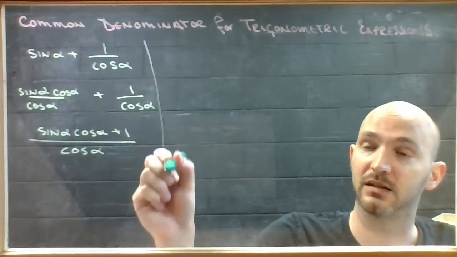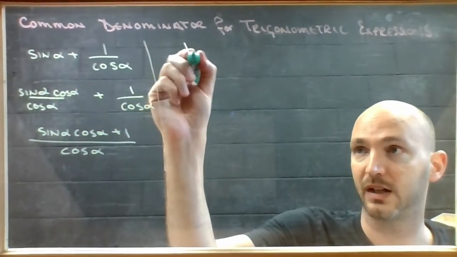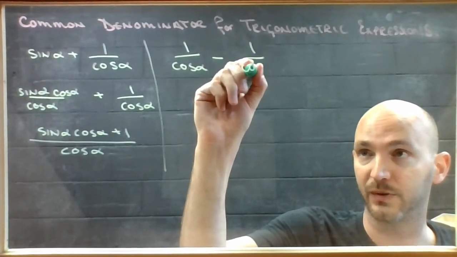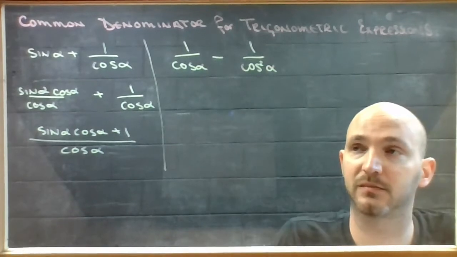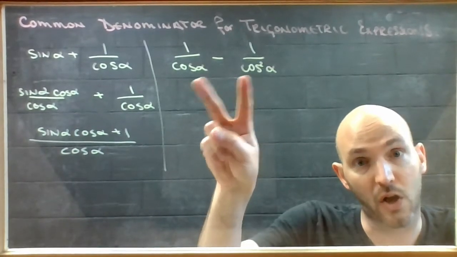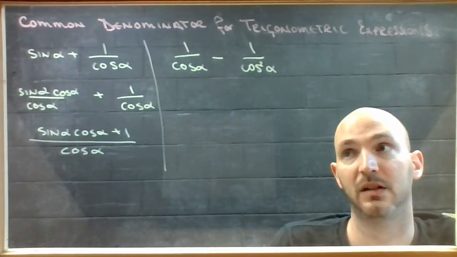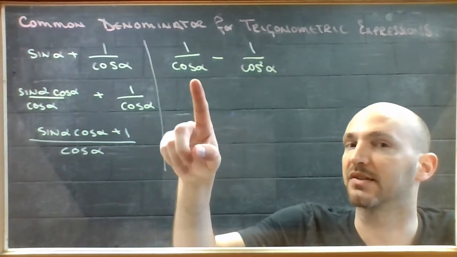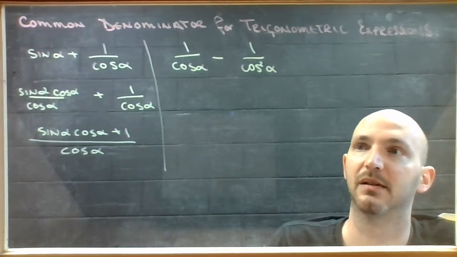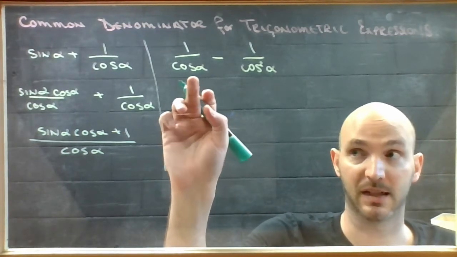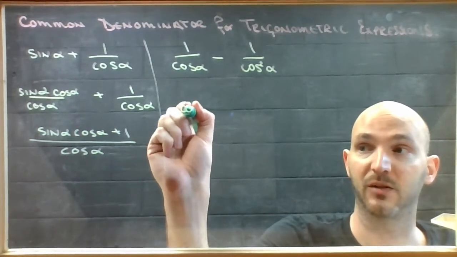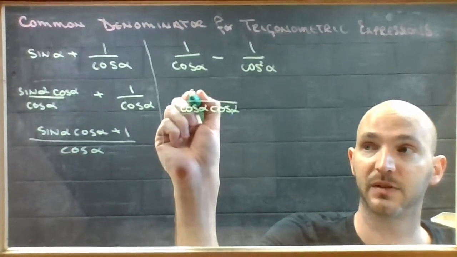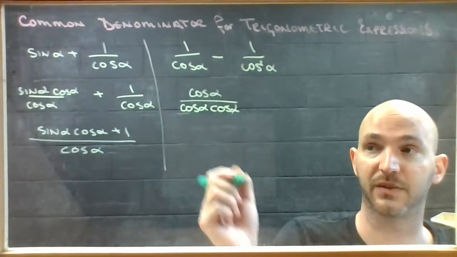The last example we're going to do is 1 over cos alpha minus 1 over cos squared alpha. These look almost the same. The difference is that this is a cos times a cos, and this is just a single cos minding its own business. But I could turn a single cos into a cos squared by introducing a second factor of cos in the bottom and a new one on top, right?